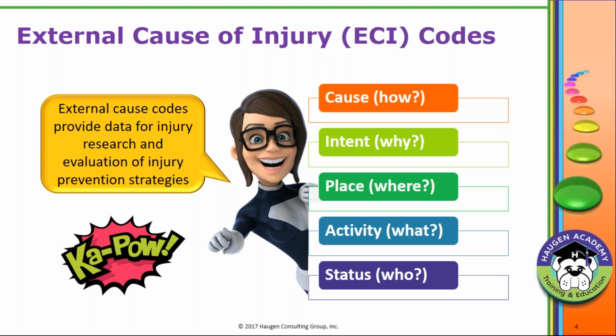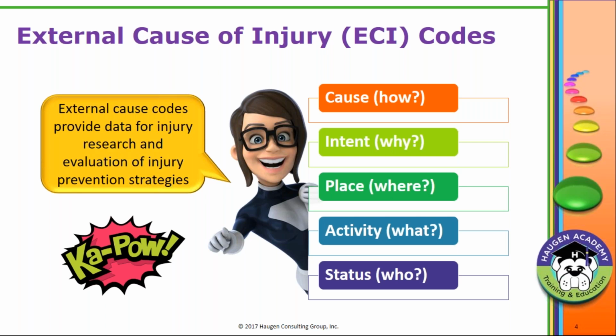But really what we're answering with all of these ECI codes is, you know, what is the cause? How did this injury or this condition occur? And why did it occur? Was it something that was an accident? Was there homicidal or suicidal intent?